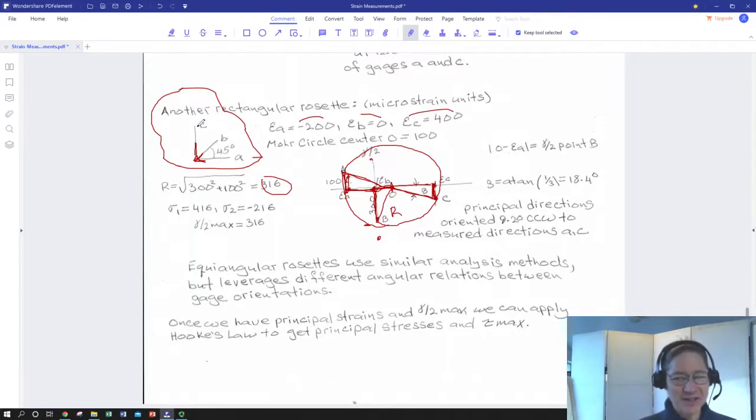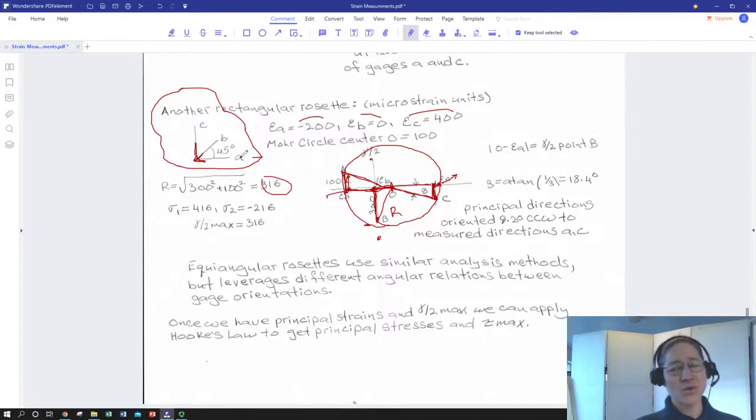A and C were not principal directions, which we can see on the Mohr circle, but we were only getting the normal components. So if we swing R around, R is 316, we can go from point O at 100. Our maximum stretch in terms of tensile strain is going to be 416 over here, and then from O at 100 minus 316 will be negative 216.